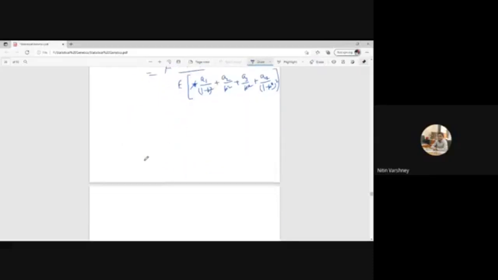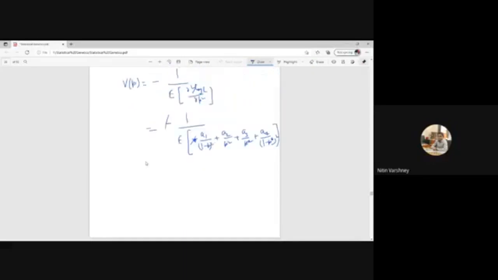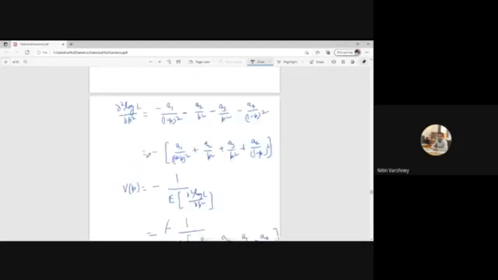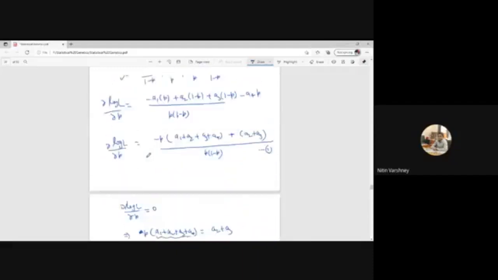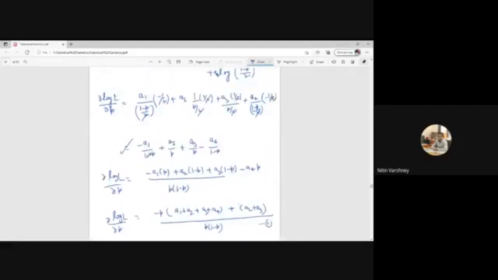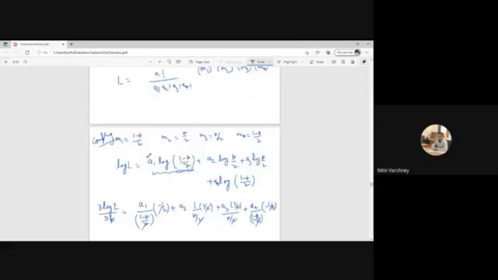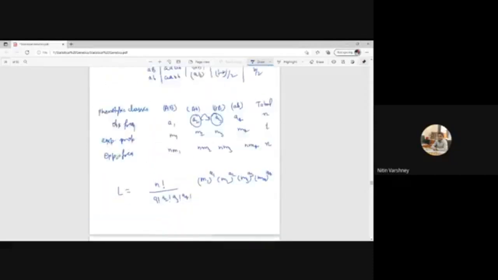Now what is the expectation of a1? In case of coupling, the expected value of a1 is n m1, where m1 is 1 minus p by 2. See here, I have written m1, m2; this is the expected frequency.